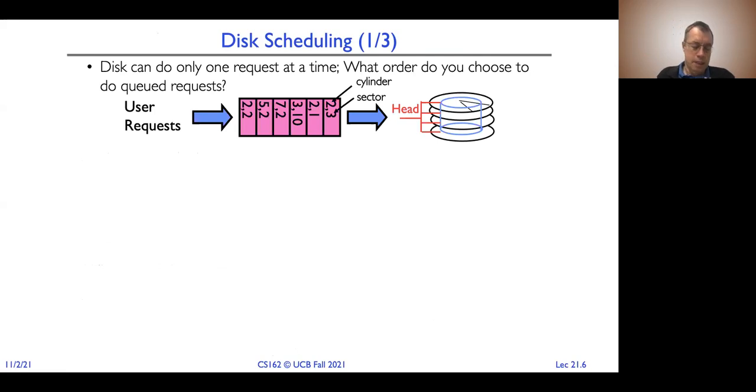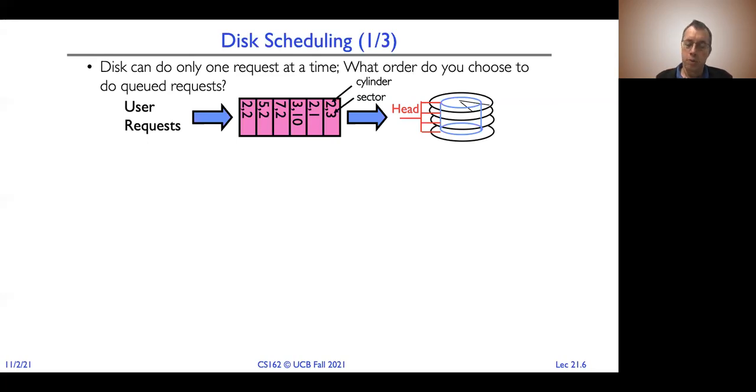Okay, so now we are going to look a bit into disk scheduling. The disk, remember, is quite complicated. It has multiple plates, and each plate has two surfaces, up and down. And then you have cylinders and sectors.